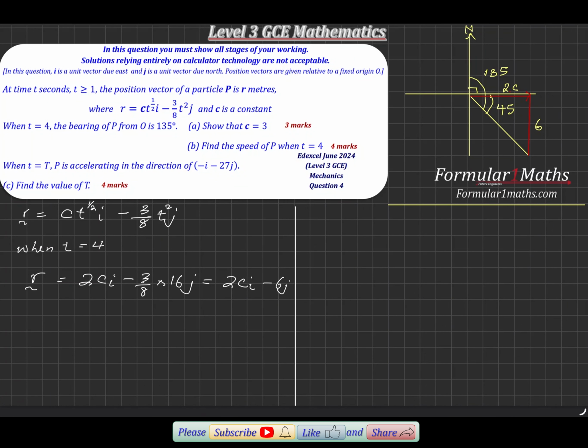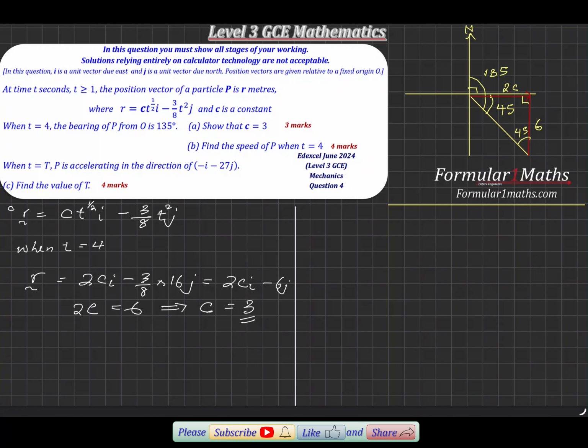Now, this angle here is 90, which makes this angle 45 as well, which means that this length over here and this length over here are equal. That means 2c is equal to 6, which implies that c is equal to 3, as required.